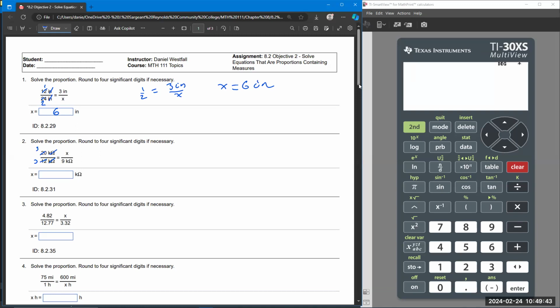I also know I showed you this before, but I'm just going to show you this now because this is going to be 5 times 9. And this is going to be 3 times x, and I'm going to be able to divide by 3 on both sides here. Ask your teacher if they're okay if you do this, but I know that I can not only cancel top and bottom, but I can cancel anything that is on the same side here.